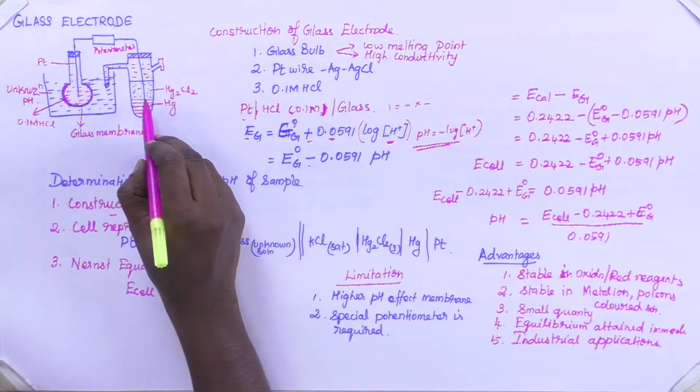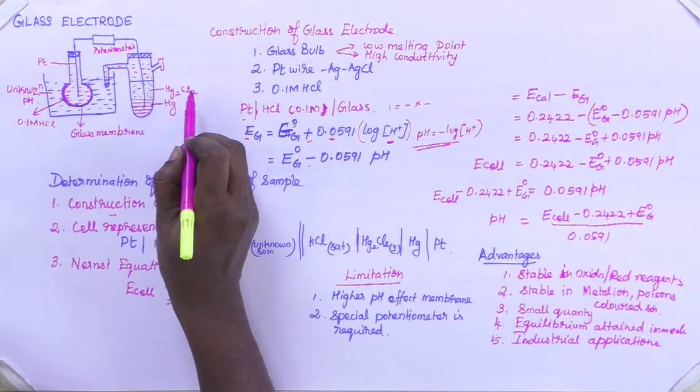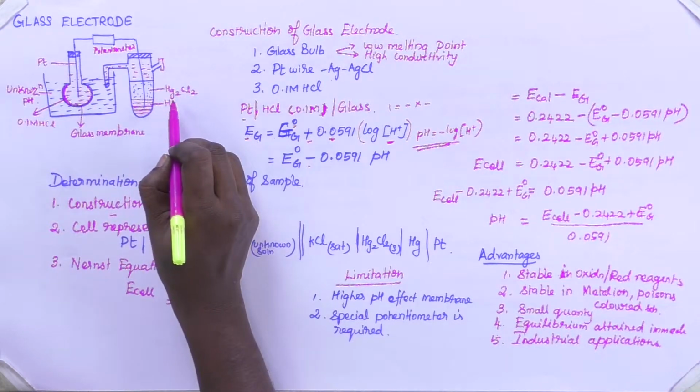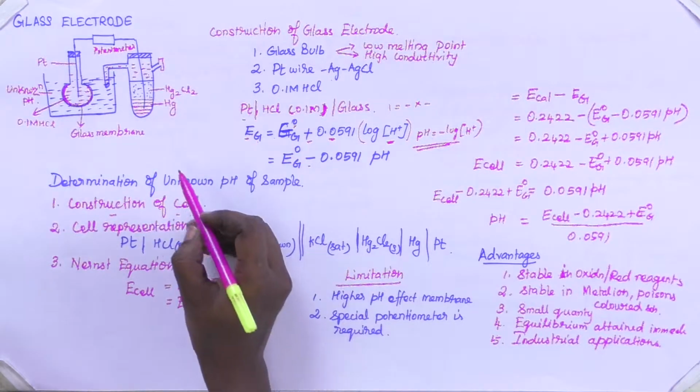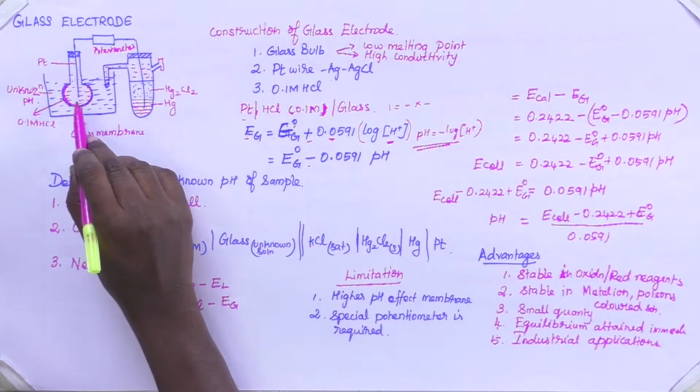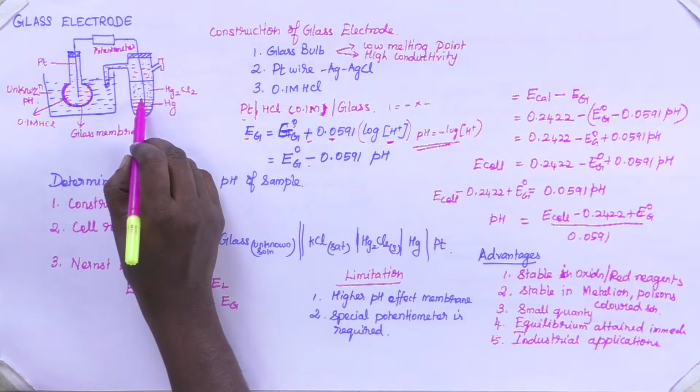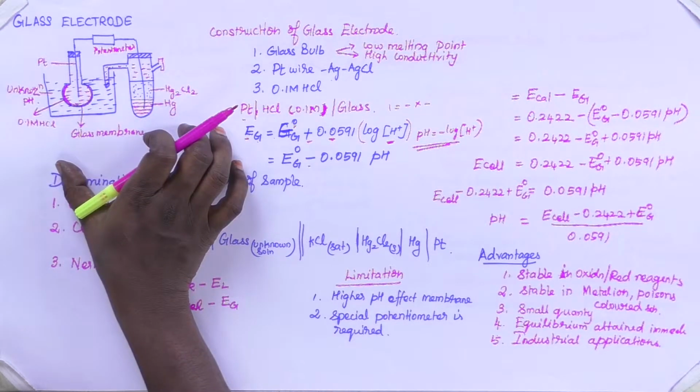We already saw the construction of the calomel electrode. It is a metal, insoluble salt type electrode. So here the glass electrode is coupled with the calomel electrode. This is the construction part of the cell.